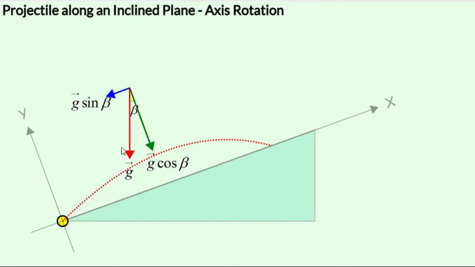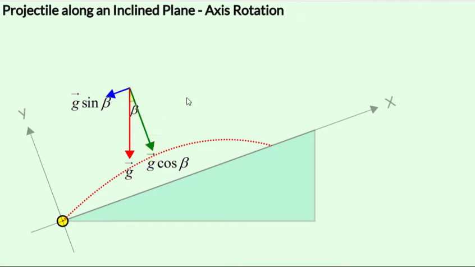But now our axes have been rotated. So we would have to resolve the gravitational acceleration g along the new x-axis, along the incline, and along the new y-axis perpendicular to the incline.